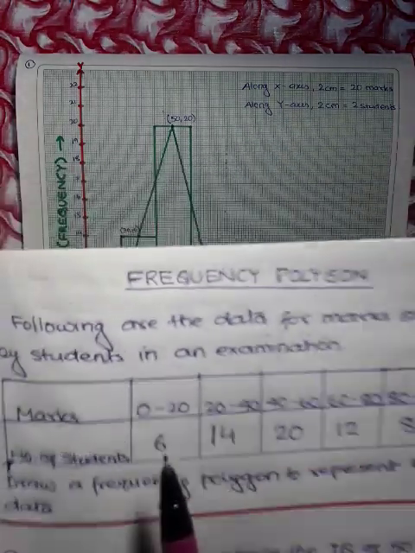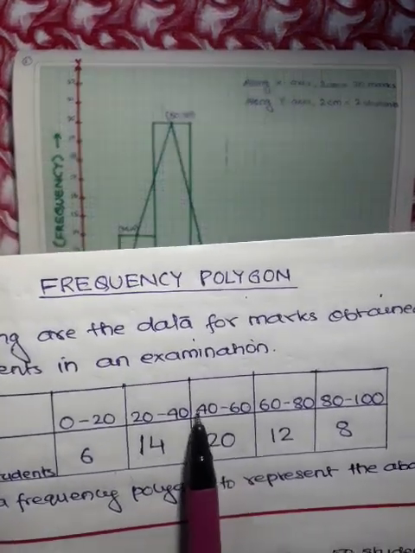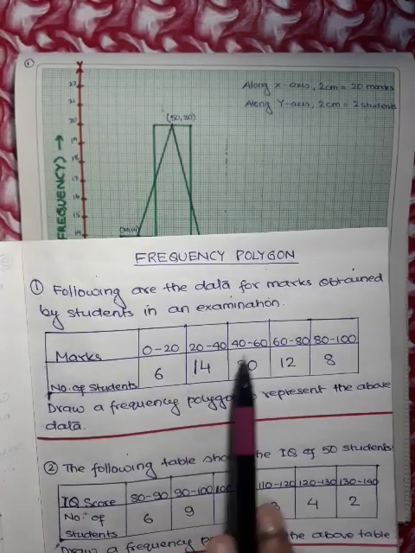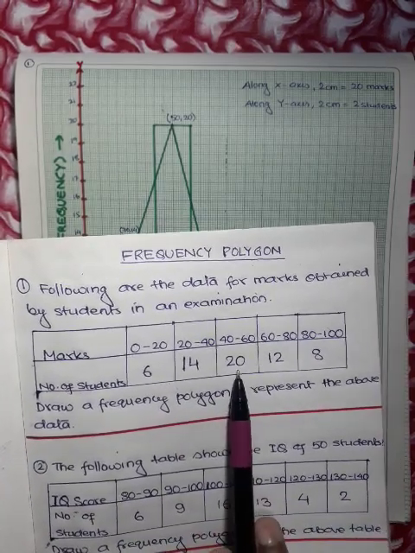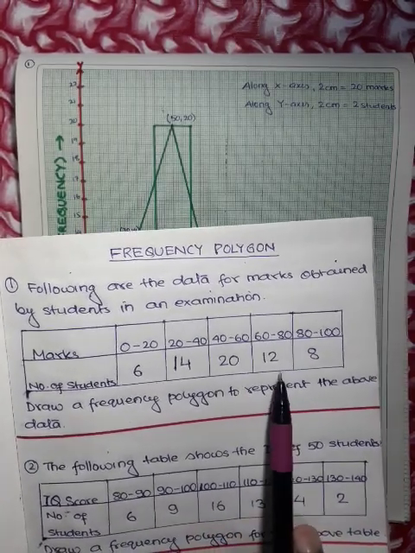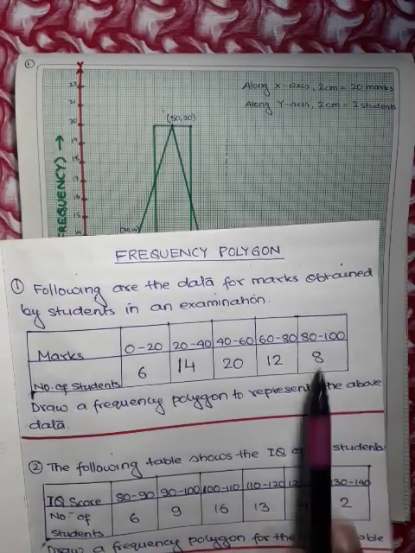Similarly, 20 to 40, 14 students are there, right? 40 to 60, 20 students are there. 60 to 80, 12 students are there, and 80 to 100, 8 students are there.